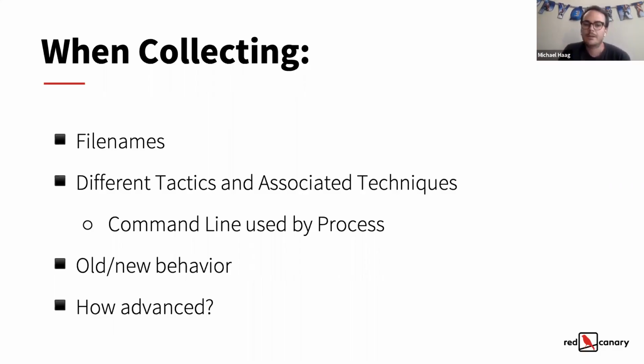And like I mentioned earlier, do I want to mimic their older behavior or some really fresh behavior that just came out? And how advanced are we going to go? Are we going to generate that boot kit, or drop in a new rootkit, or whatever we want to do to really mimic this on a VM?